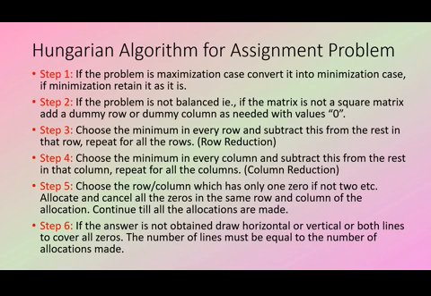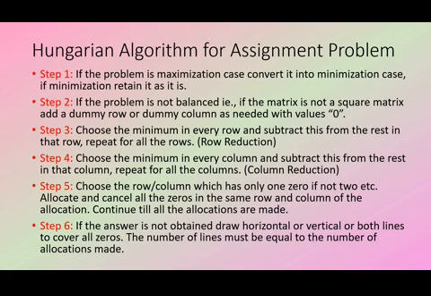What do you mean by all the allocations are made? We would have a certain number of zeros in the problem. All zeros should contain either a box, that is the allocation, or a cross. Till all zeros are covered either by a box or by a cross, we will continue this procedure. So this is called the allocation procedure.